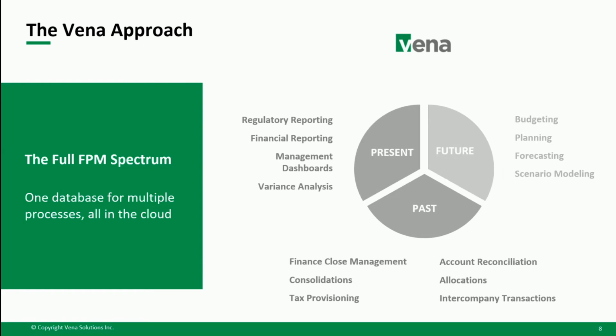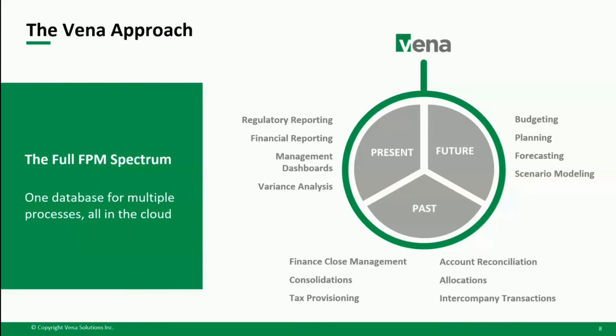So how does this look? Financial processes kind of take on three forms, those for the present, those for the past, and those for the future. I'm not going to read through all of these, but these are all really common things for finance departments to do for any size business, especially mid-size and enterprise businesses. And Vena lets all of that data live in one central place, so that all of these processes can take place on one platform.